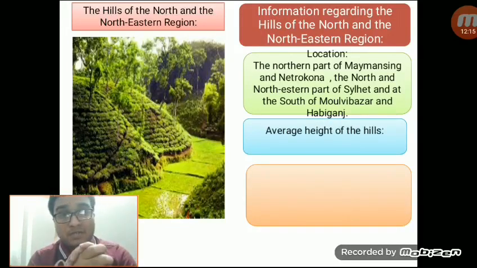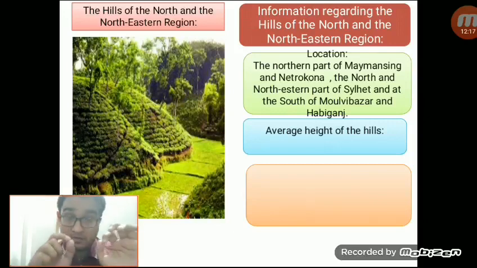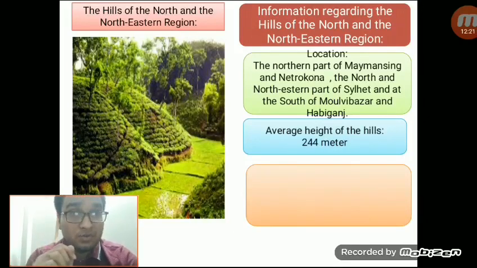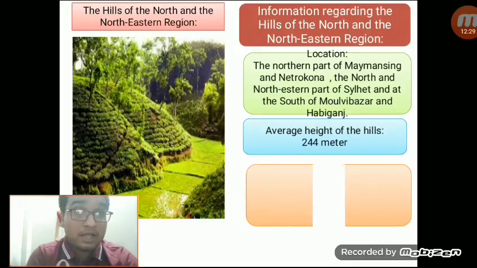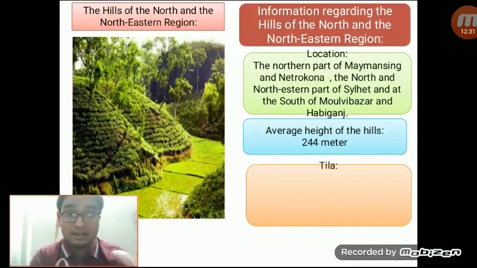Next, the average height of the hills of this region is 224 meter. This is very important information regarding the hills of the north and the northeastern region. And next is Tila. Tila is very important. So what is Tila?